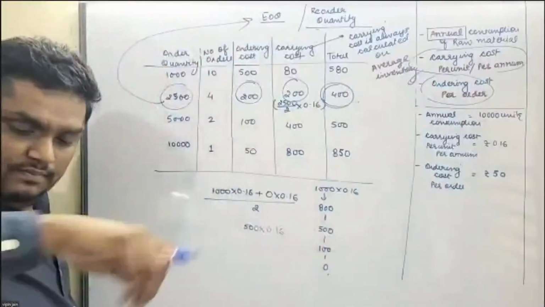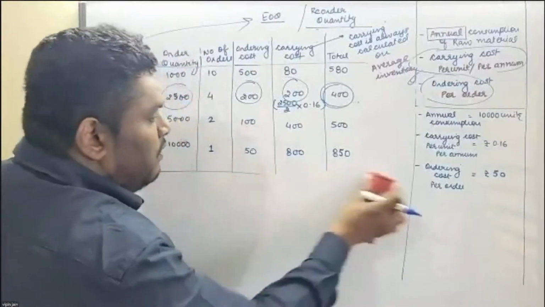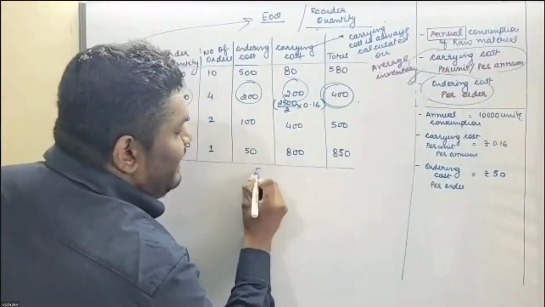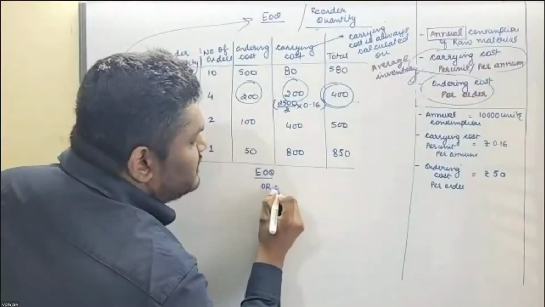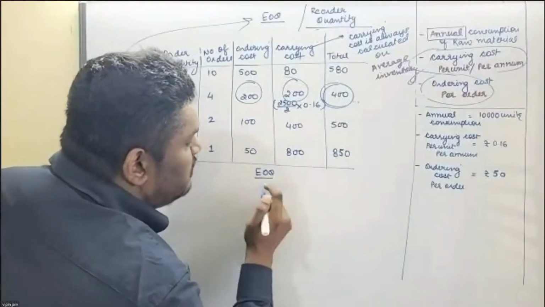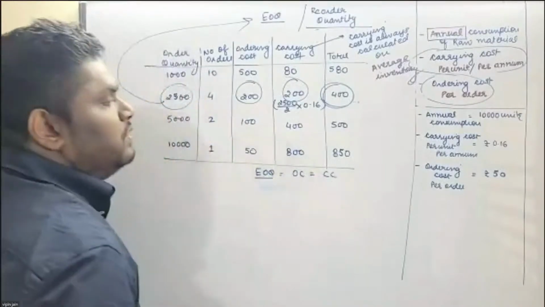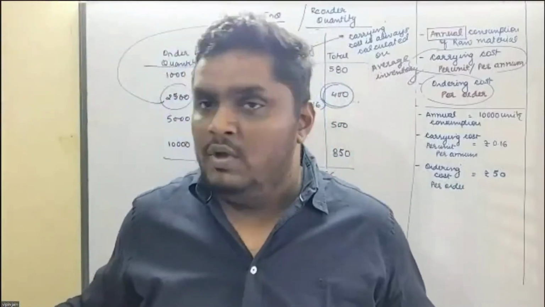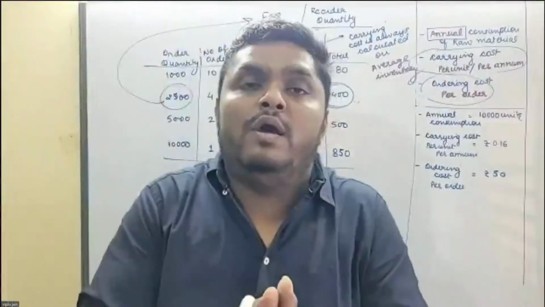So, we can write also that at economic order quantity, ordering cost is equals to carrying cost. And second point, my total cost is minimum. So I hope you guys are clear that how to calculate economic order quantity.